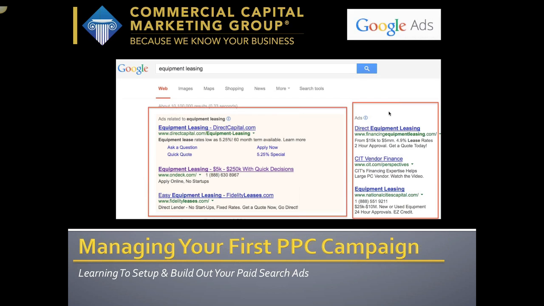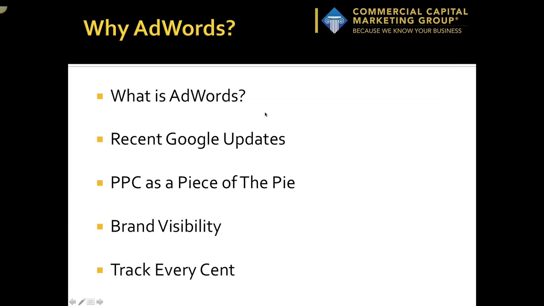For those of you that don't know what AdWords is, I'm sure everybody searches Google. So when you search Google, AdWords are the first results you see in this yellow block at the top or the results you see on the side. So basically, AdWords is a paid search advertising platform, hosted by Google.